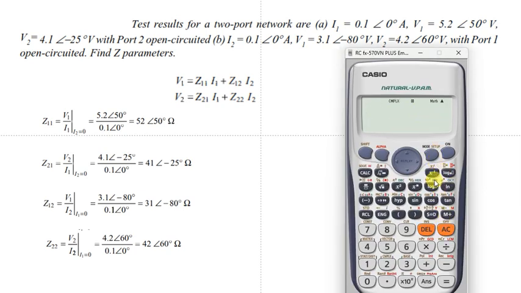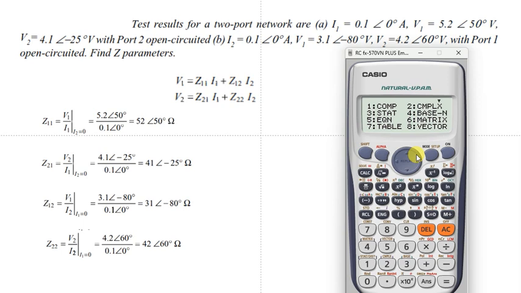First step, you have to go to mode. You have to select complex mode, option number 2. Then it should be in degree actually. You should be in degree; if it is in radians you will get a wrong answer. So go to setup.